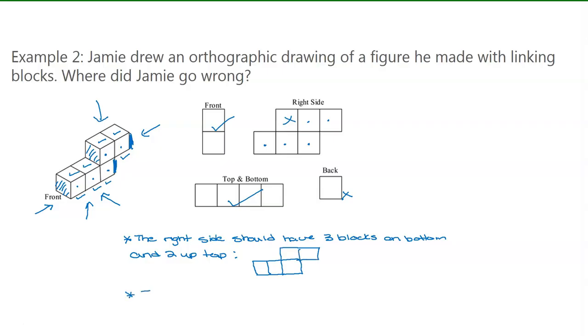And the back should have 2 blocks stacked vertically. Like this, similar to the front.